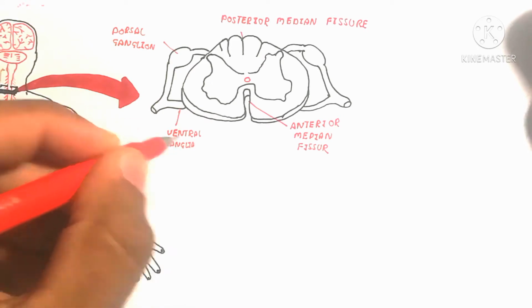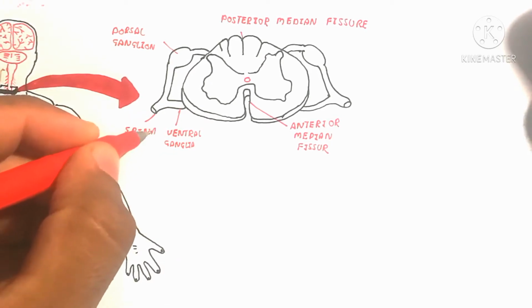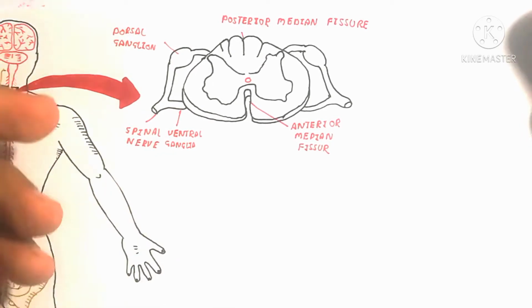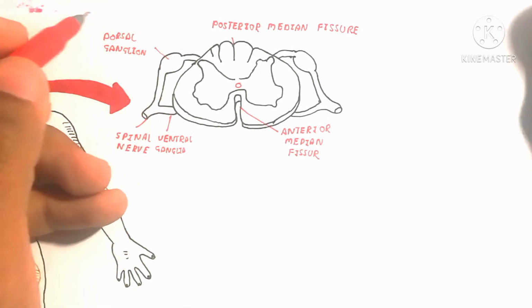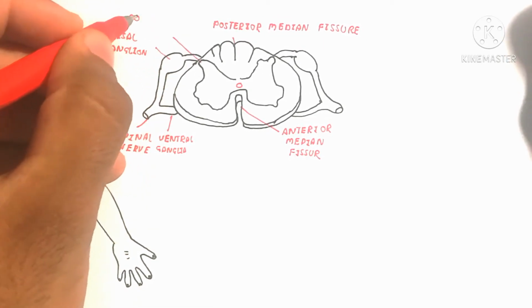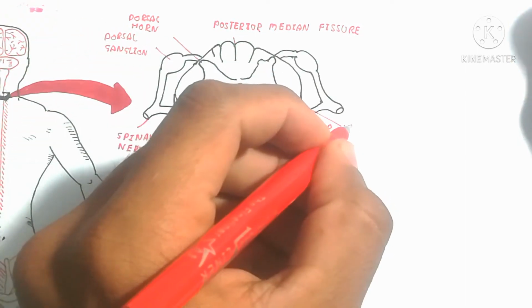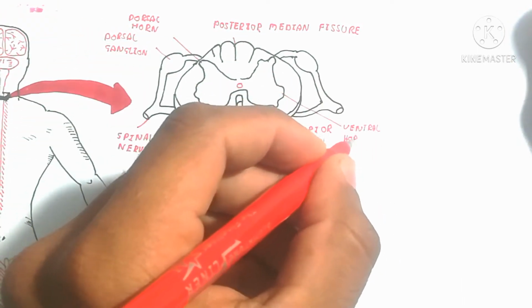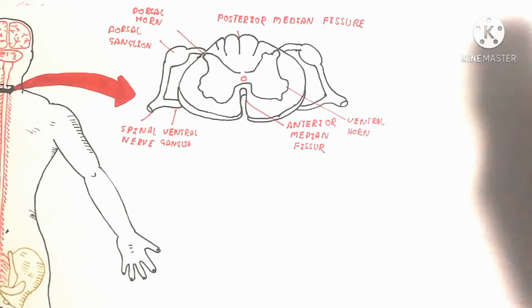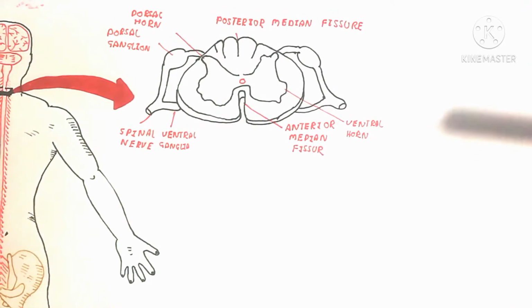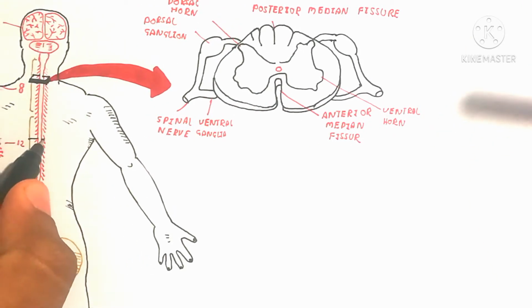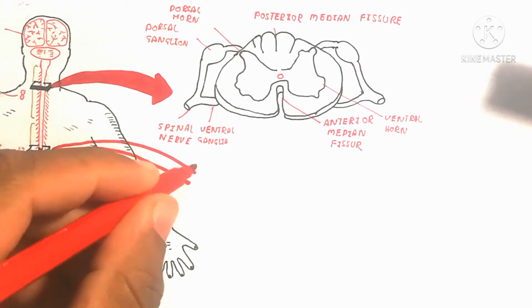Here is the ventral ganglion, and the dorsal ganglion is on the spinal nerves going to the periphery. Here is the dorsal horn of the gray matter, and here is the ventral horn of the gray matter. It looks like a butterfly, and this anterior median fissure looks like this.